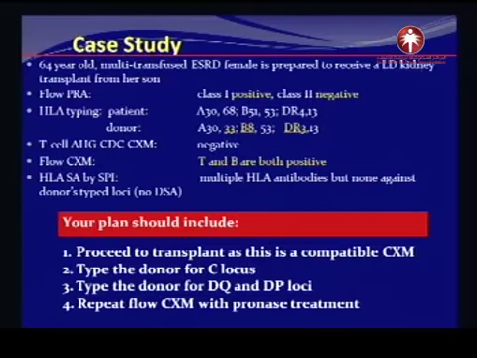Number 1, accept the positive T and B flow cross-match as is, and deem them as compatible cross-match. Number 2, type the donor for C locus. Number 3, type the donor for DQ and DP loci. And finally, repeat the flow cross-match with the pronase treatment.